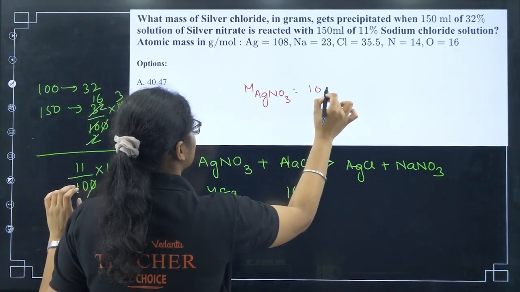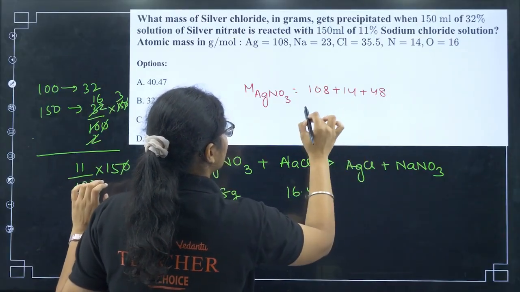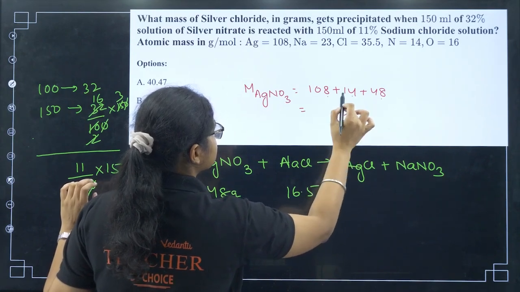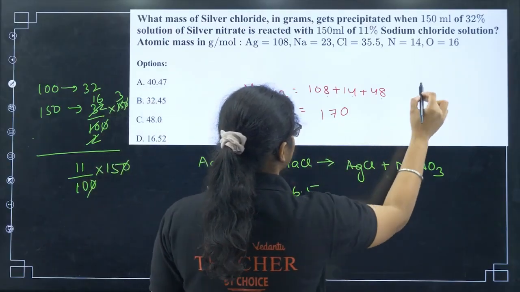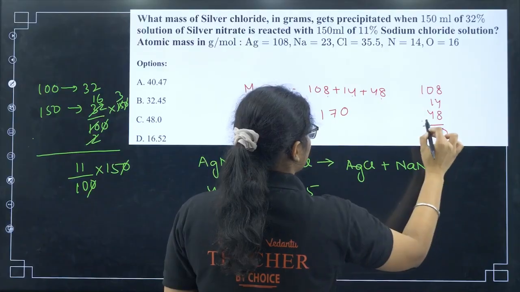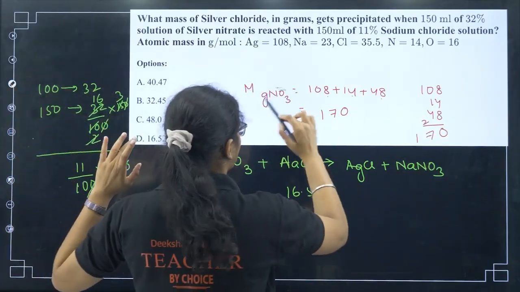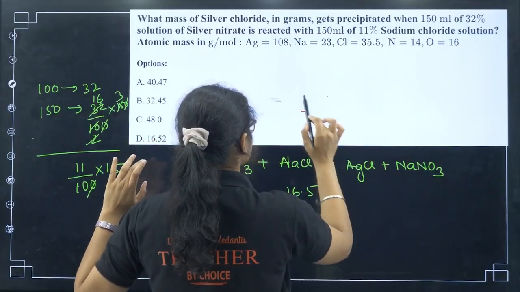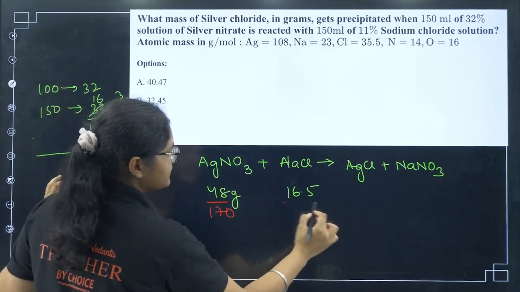That is 108 plus nitrogen is 14 plus 48, so I get 170. So I will get here 48 by 170. Number of moles you will get here is 48 by 170, and for NaCl, 16.5.